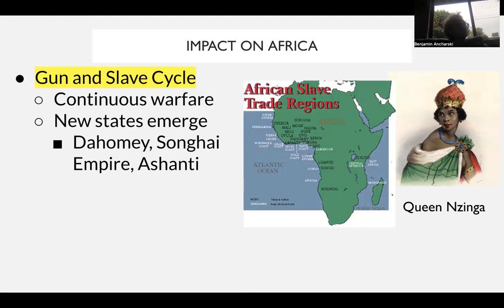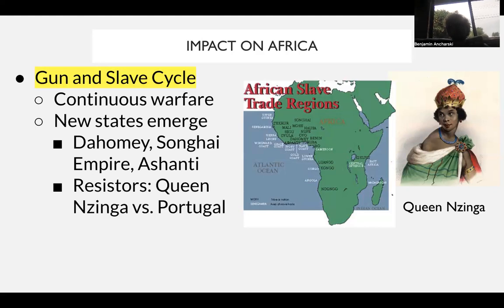But there are examples of states in Africa that do resist this European encroachment, this European presence within Africa, especially seeing the destabilizing effect of European states in Africa. And one such example is going to be the leadership of this lady right here by the name of Queen Nzinga.